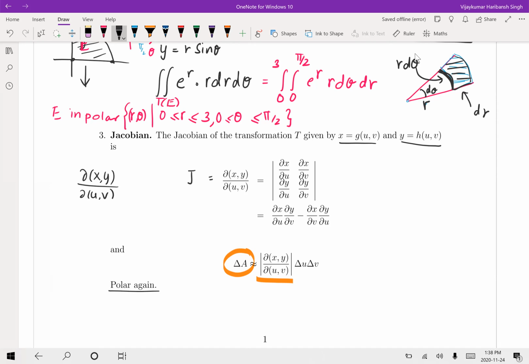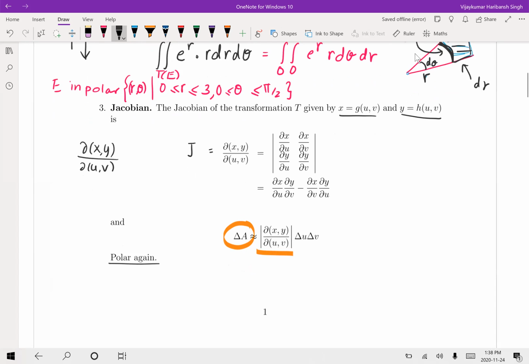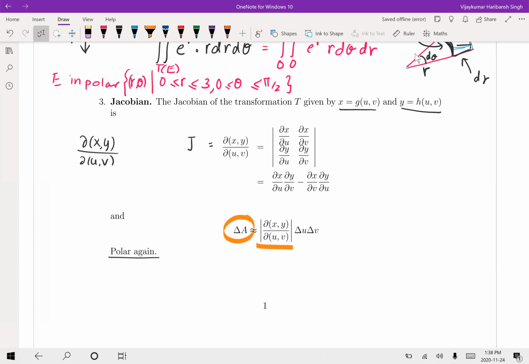So in our case, new scenario, we have x equals r cos theta, y equals r sine theta. And we are having this transformation. So x is written in terms of g of r, theta, if you want to write it like that. And then y can be written as h of r, theta.